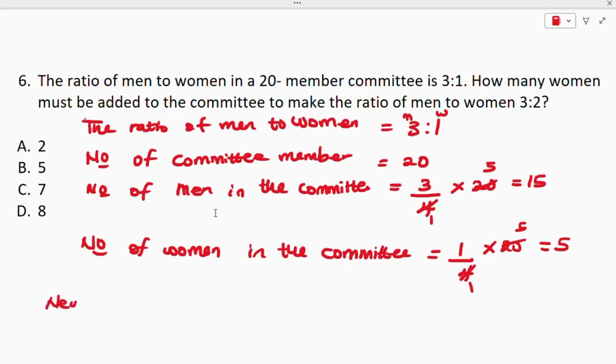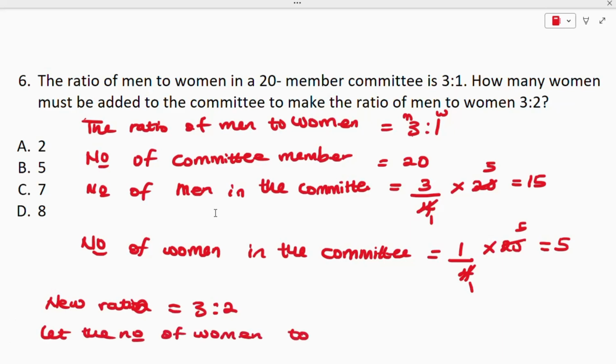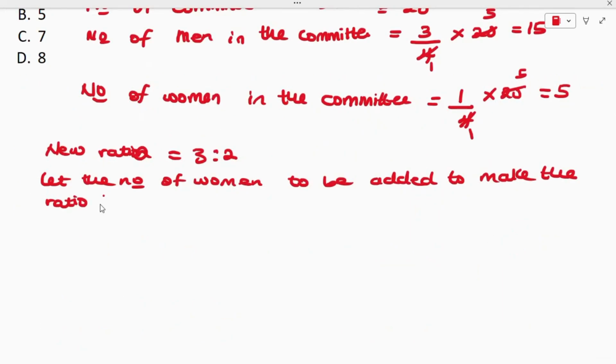So next we have that the new ratio is given as what? 3:2. The new ratio was given as 3:2. Now we're going to say, let the number of women to be added to make the ratio 3:2 be x.